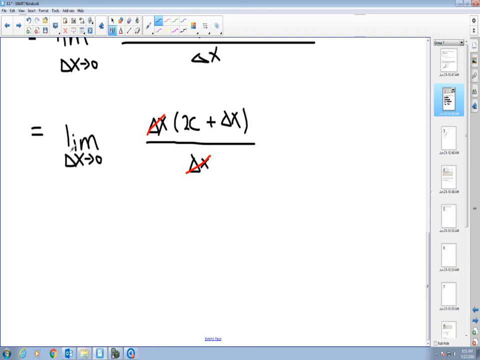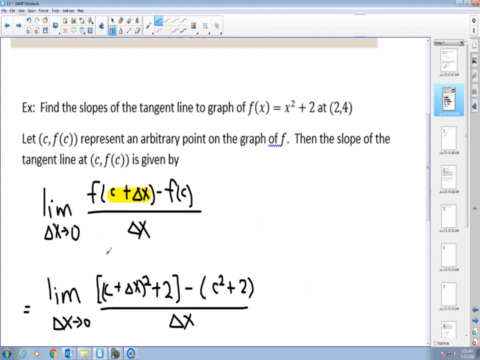As the limit of 2c plus delta of x as delta of x approaches 0, this term will become 0, so my limit will only end up with 2c. What 2c represents is the slope of the tangent line at any point c comma f of c.